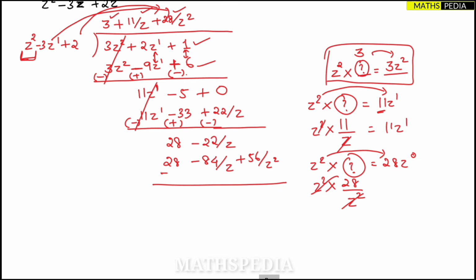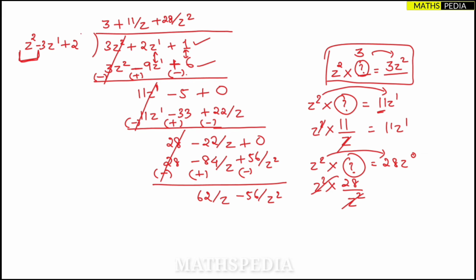Again sign change, negative, positive, negative, cancel out. Minus 22 by z plus 84 by z, so it will be 62 by z. Here if you want you can put 0. So 0 minus this thing, it will be minus 56 by z square. Now next part, first part of outside, first part of inside.